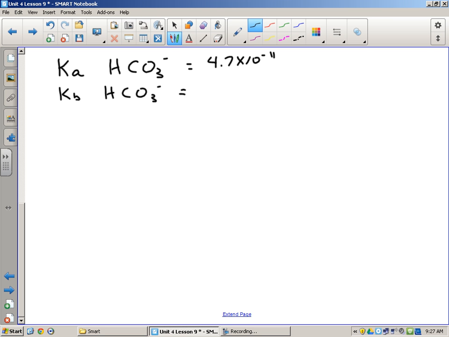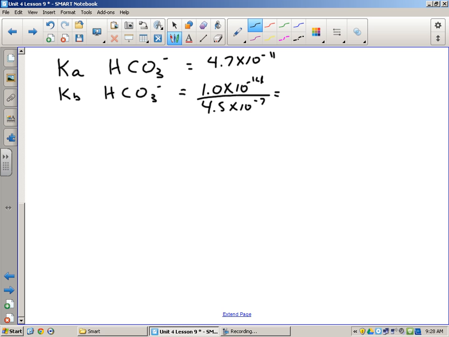You'll notice that the Ka value, of course, is not the same as that one, right? Yes? So what we need to do now is take 1 times 10 to the negative 14 divided by that value there, which is 4.5 times 10 to the negative 7.